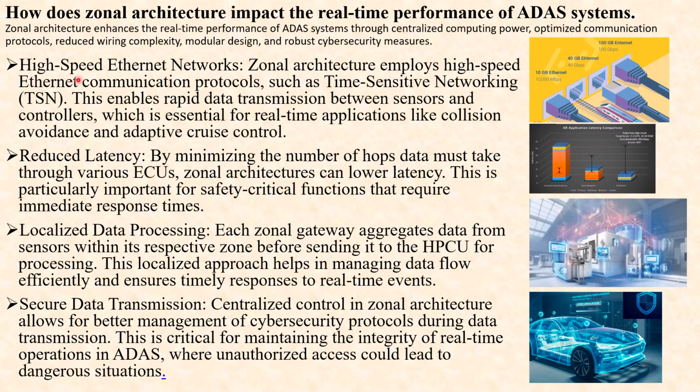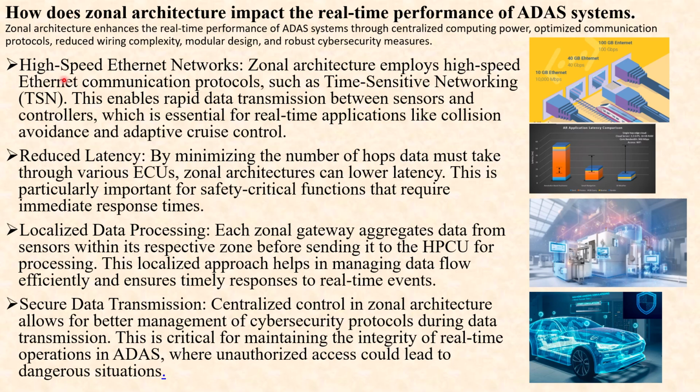Instead of using the conventional CAN system, zonal architecture uses high-speed Ethernet networks, employing communication protocols such as time-sensitive networking, and this enables rapid data transmission between the sensors and controllers, which is essential for real-time applications like collision avoidance and adaptive cruise control.